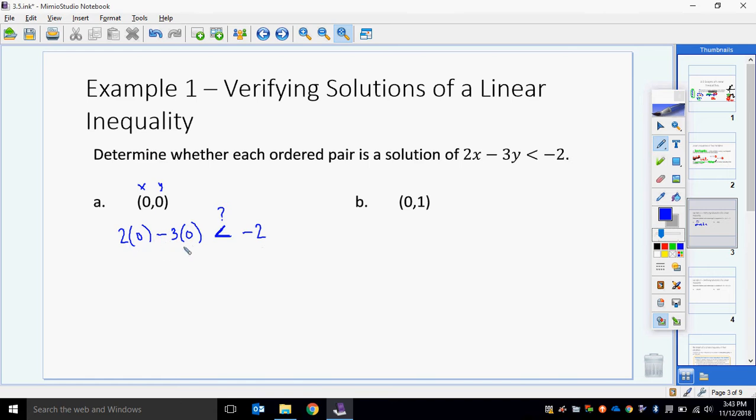Well, this would be 0 minus 0. So is 0 less than negative 2? And if you're unsure, think about your number line. Think about if this is 0, 1, 2, and then you have negative 2 over here. No, 0 is bigger. It's further to the right. So this is false, right? It's not true. So this would not be a solution.